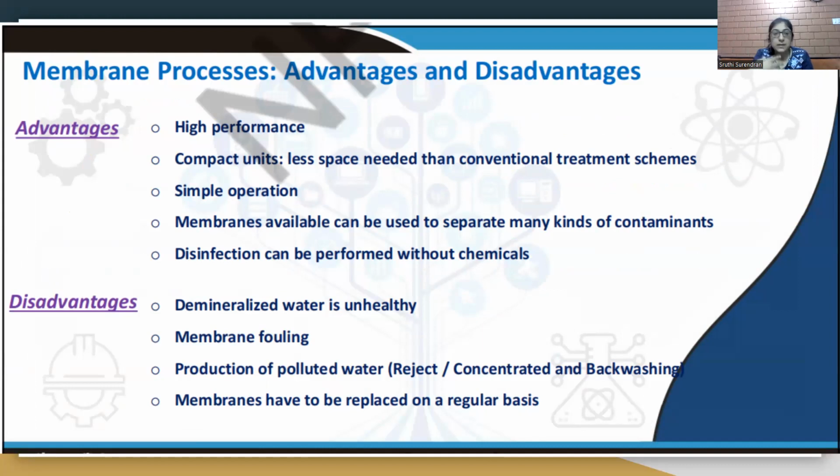Some advantages of membrane-based processes are that the units are compact, not making use of a lot of space compared to the conventional treatment scheme, and it is a very simple operation.